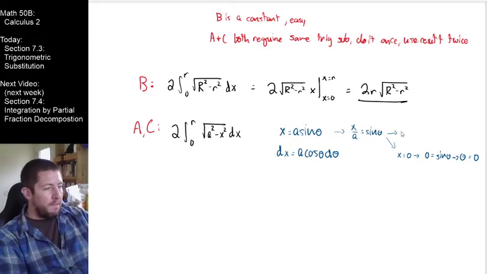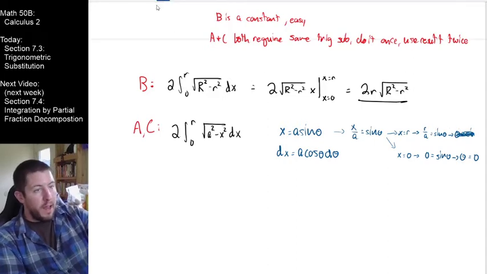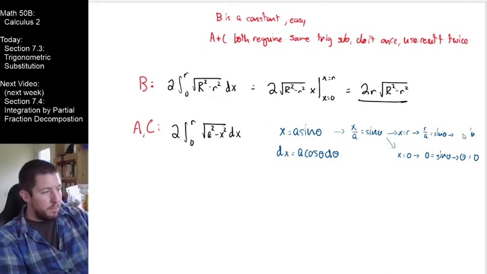Right? For the other one right here, where we have x equals r, in this one, I actually have to do a little bit of work. This is going to give me that r over a is sine theta. And so it looks like we're going to get that theta is the sine in... Oh, man, I'm running out of room right there. Let me just move that up a little bit.